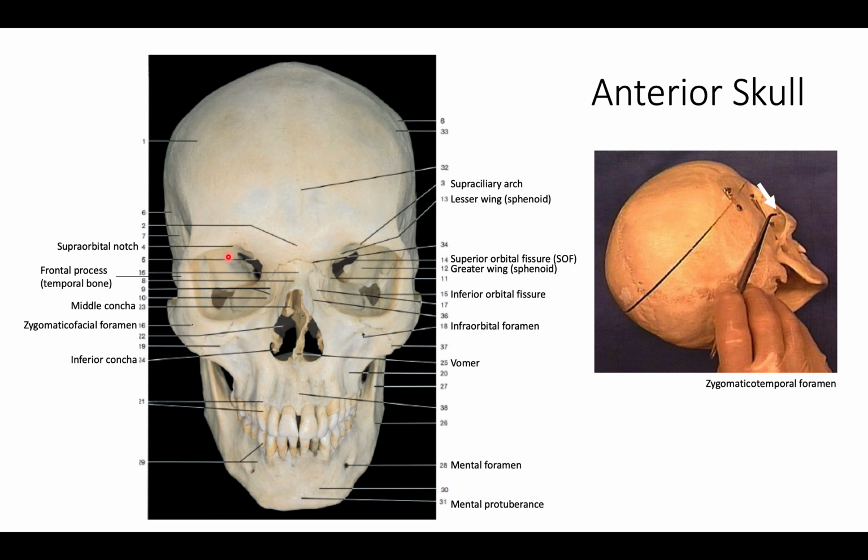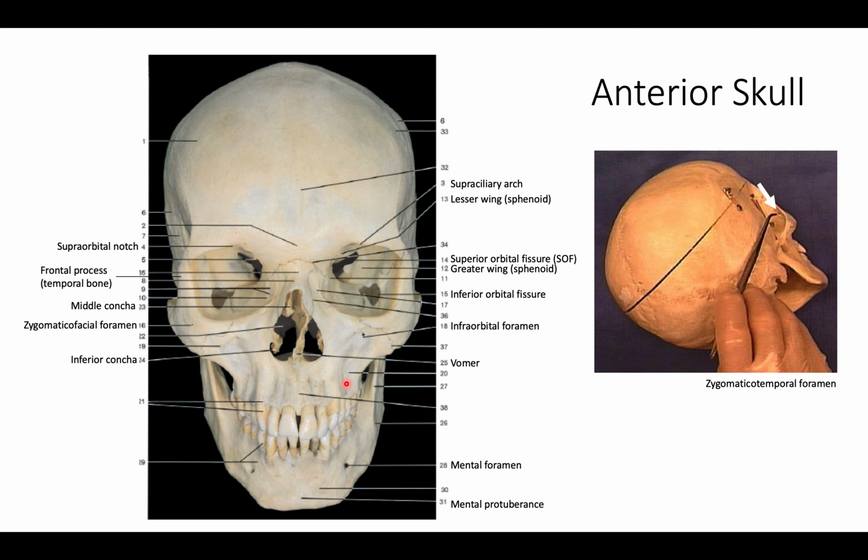Okay, so let's look at the anterior skull. So right above the orbit, we see the supraorbital notch. Here's our frontal process. And then as we continue on down and go down the ethmoid, then we go to the lower portion of the orbit, and that is going to have our infraorbital foramen, and you can see it labeled here on this side.